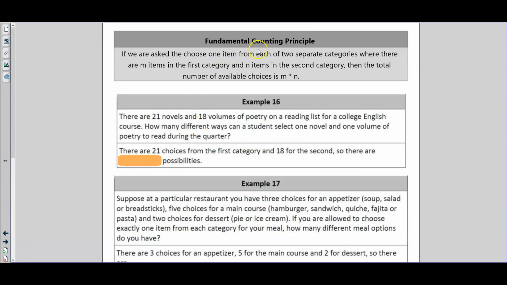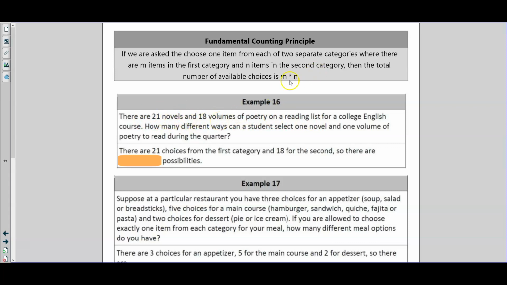Again, fundamental counting principle, there's the definition up here. You can read that for yourself, but basically it boils down to however many choices you have, we multiply the number of choices to get your total number of outcomes. See if you can do example 16 here. You got 21 novels and 18 volumes. If you look at these 2 numbers, that's really all you have.